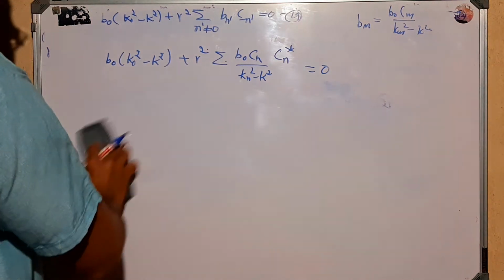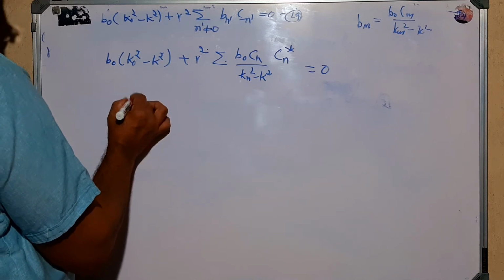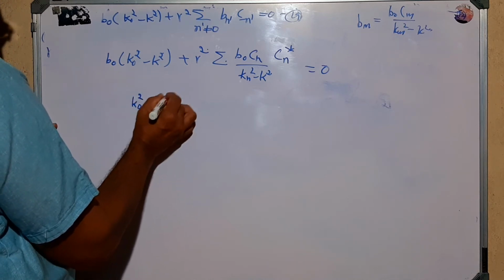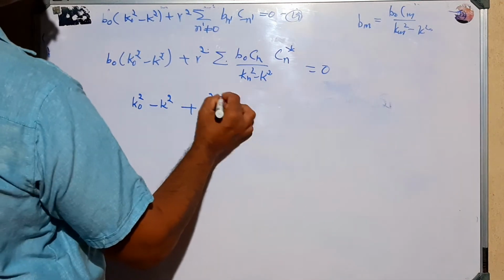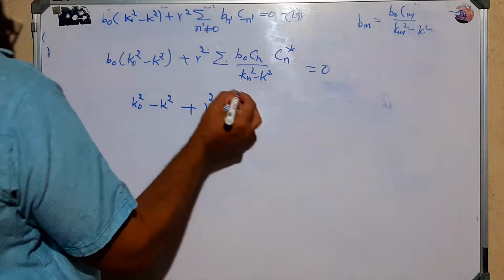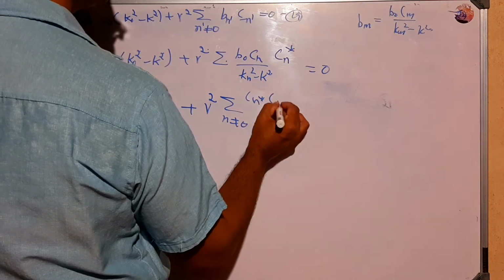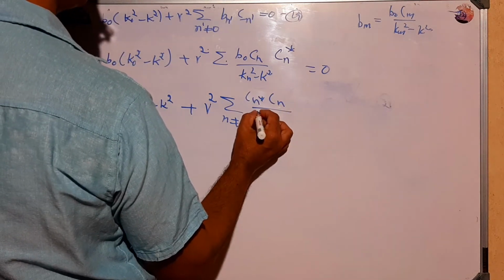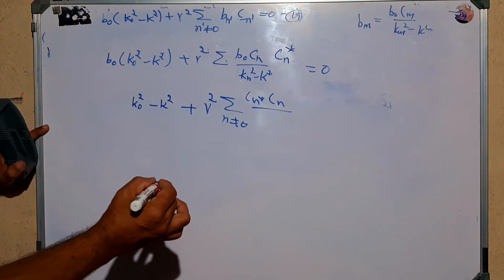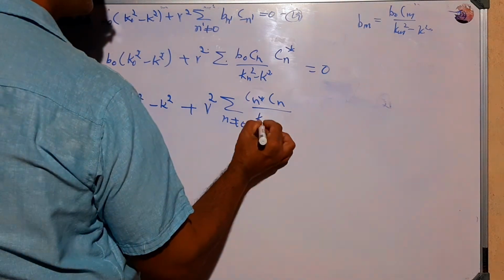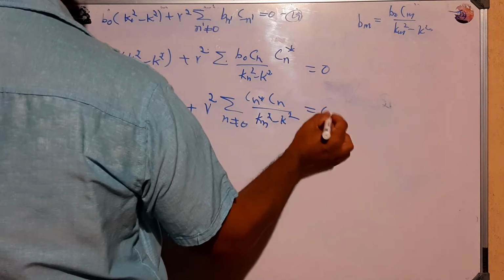So therefore what happens here? You are getting now k naught square minus k square plus gamma square sigma n not equal to 0 Cn star into Cn divided by Kn square minus K square is equal to 0.